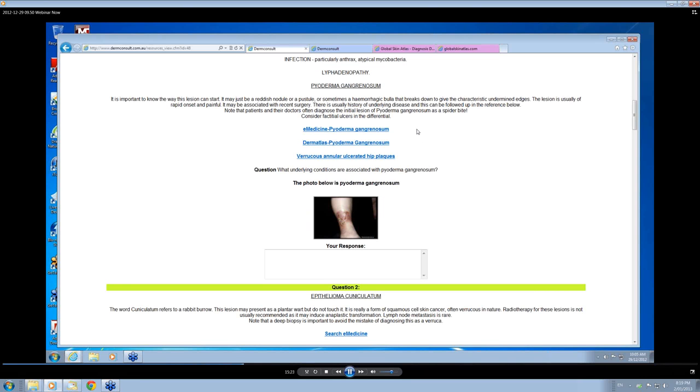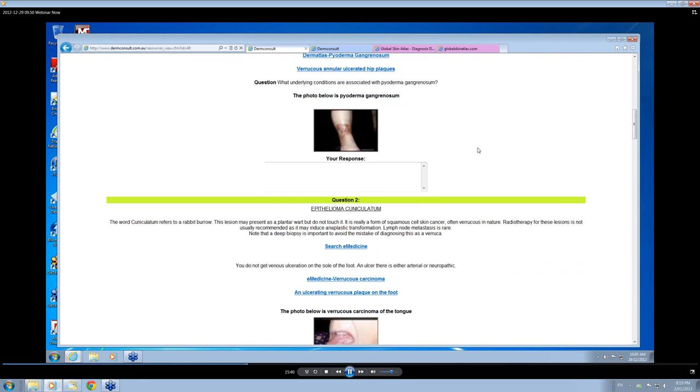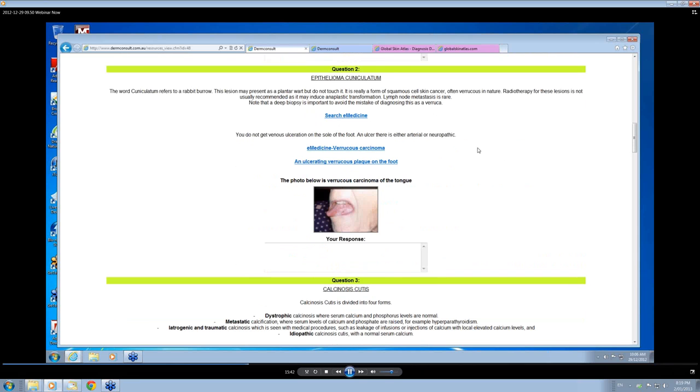And if they've got a background of Crohn's or ulcerative colitis, a potential precipitating disorder, then it's much more likely that it's associated with that disorder. What underlying conditions are associated with it? We'll come to that in a minute. I'll show you those questions at the end.